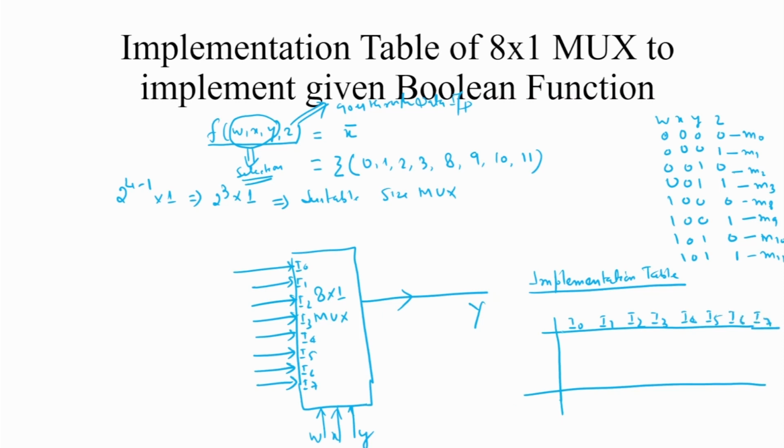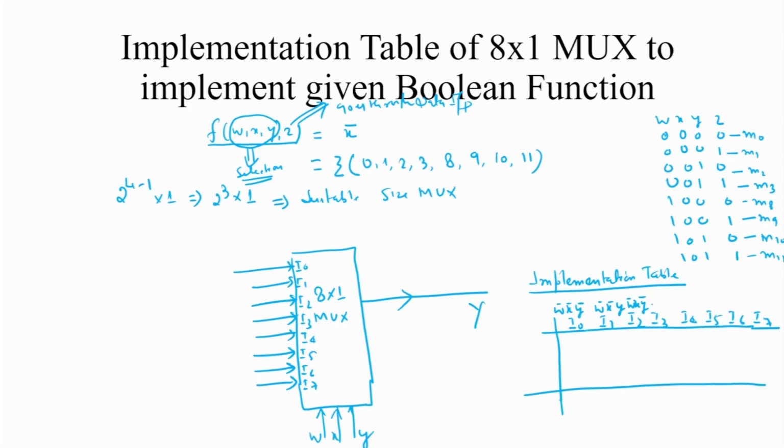Here I0 is when W, X and Y are all 0: W complement, X complement, Y complement. Similarly W complement, X complement, Y; similarly W complement, X, Y complement.